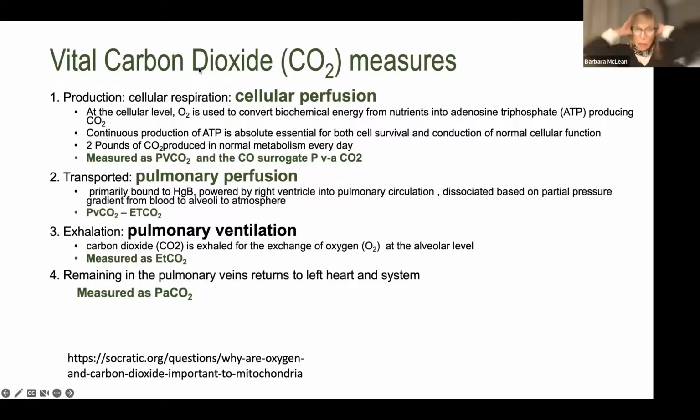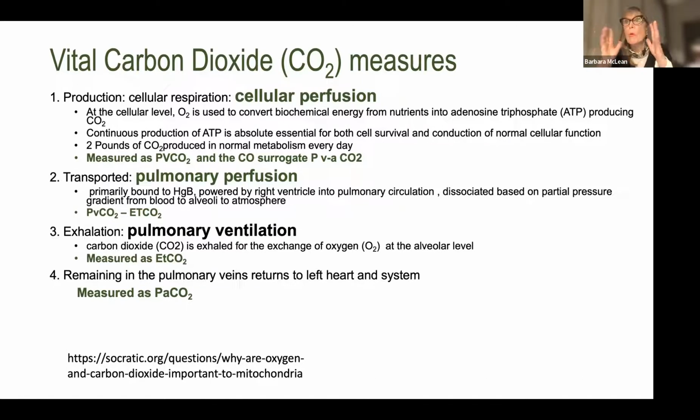Now, I want to remind you again, I'm going to say it probably 10 times during this talk, about vital carbon dioxide measures. Number one, PVCO2, which is an indicator of cellular production of carbon dioxide. And the cardiac output surrogate, which is taking your venous CO2 and subtracting your arterial CO2.